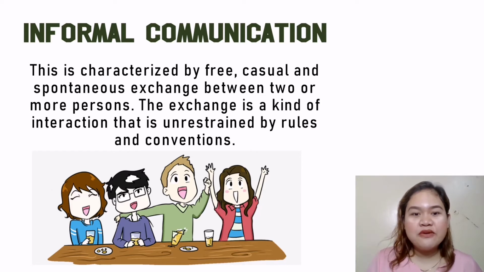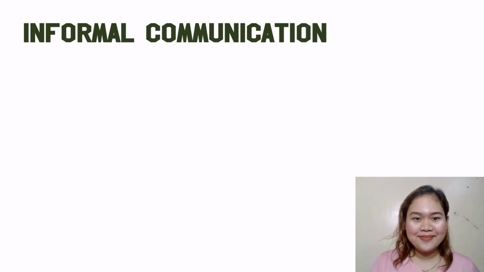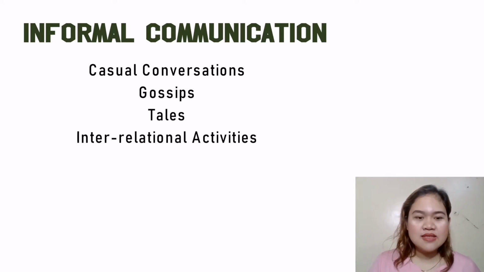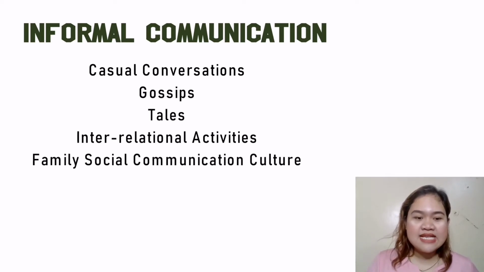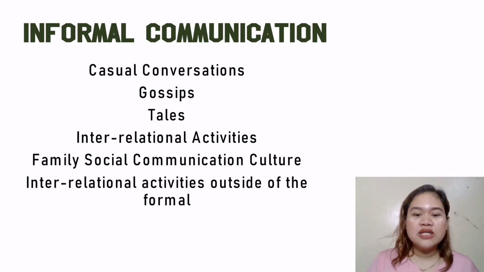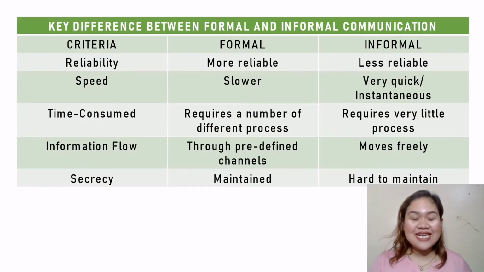It is also the type of communication that occurs in our everyday lives. The examples of informal communication are casual conversations, gossips, tales, interrelational activities, family social communication culture, and interrelational activities outside of the formal. To summarize their differences, here is a table for you.